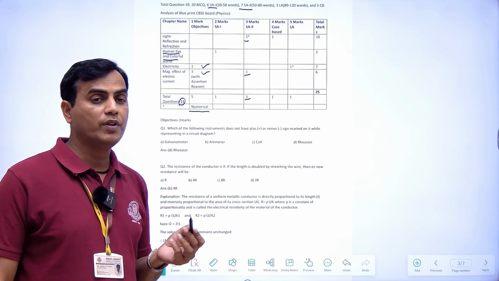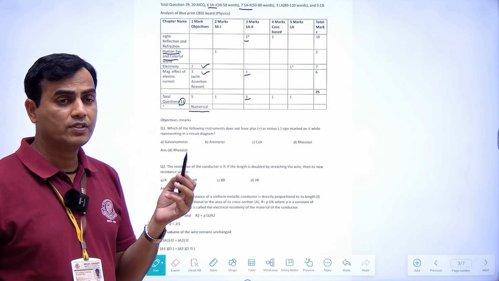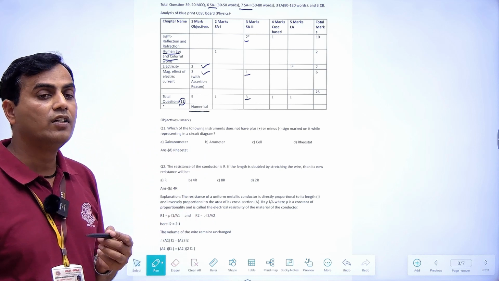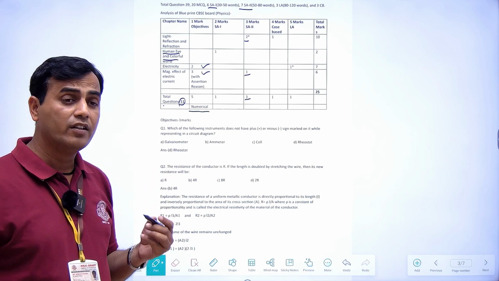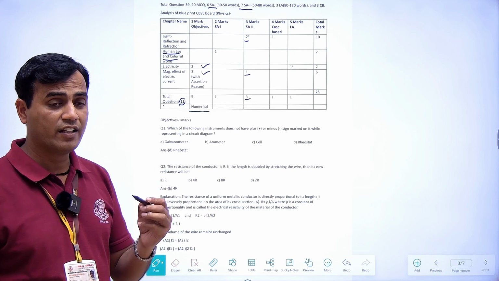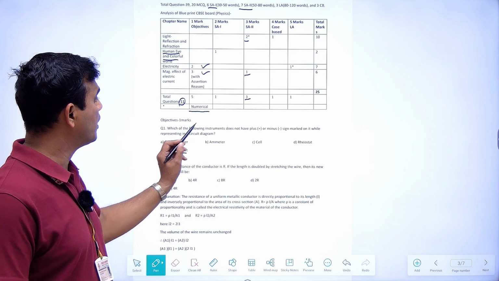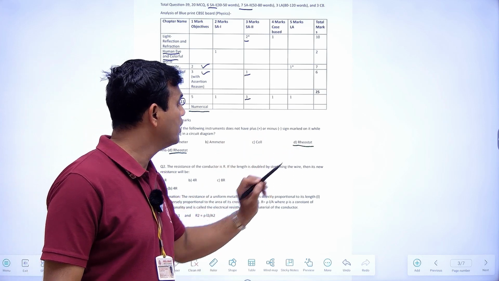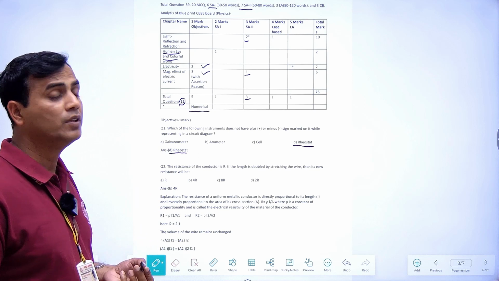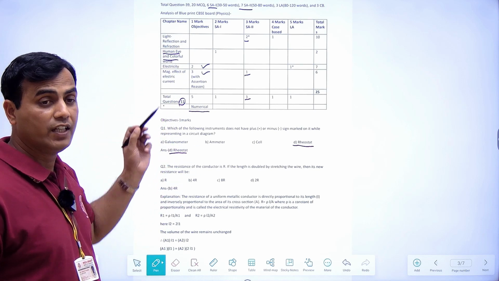Normally the positive and negative sign shows the direction of the flow of current for a particular measuring equipment. So here the answer is rheostat. Plus or minus sign is not required for the rheostat. So this is a simple one from the objective type of electricity questions.